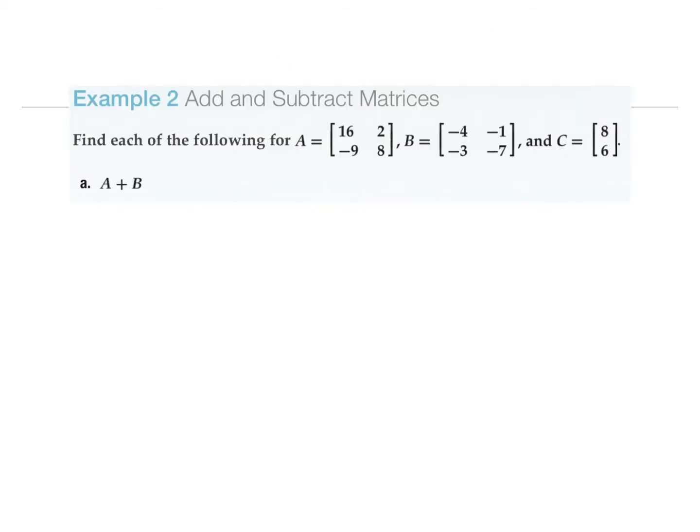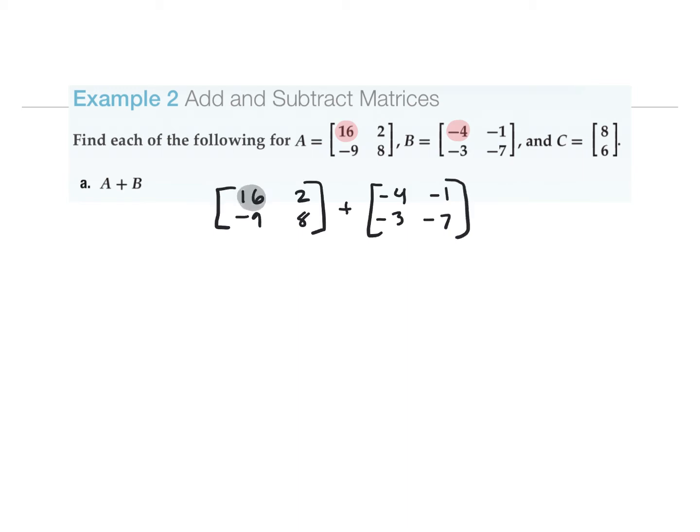So in adding matrices, we add the numbers that are in the same position in each box. So the upper left-hand corner gets added to the upper left-hand corner. So here, I'm just going to rewrite the 2 matrices down. So this would be 16, 2, -9, and 8. And we're adding it to B, which is -4, -3, -1, -7.